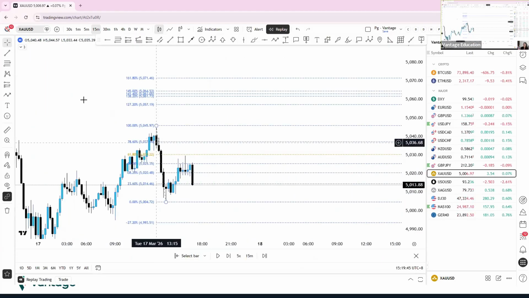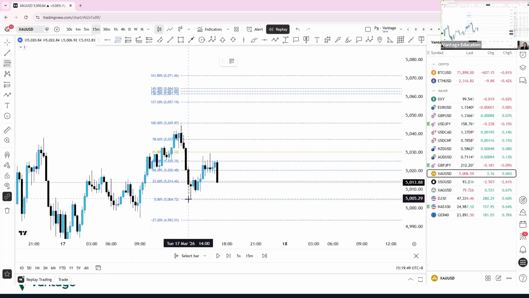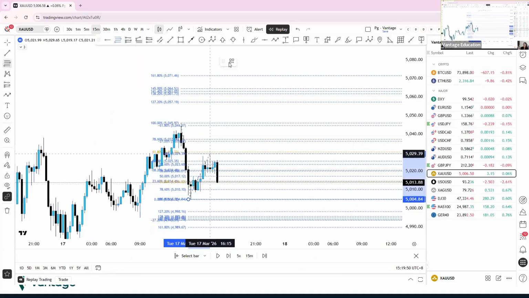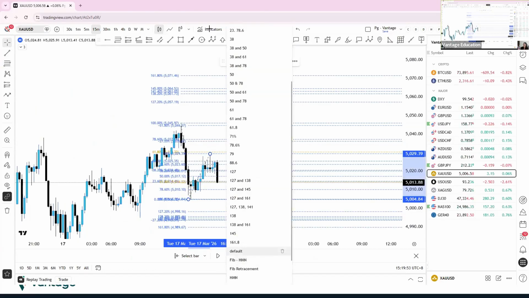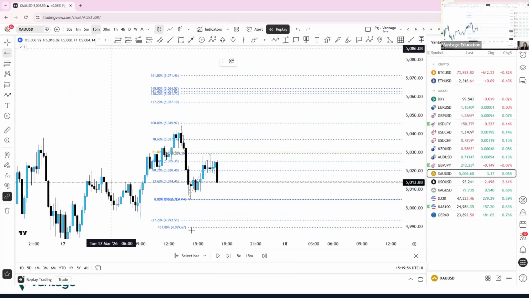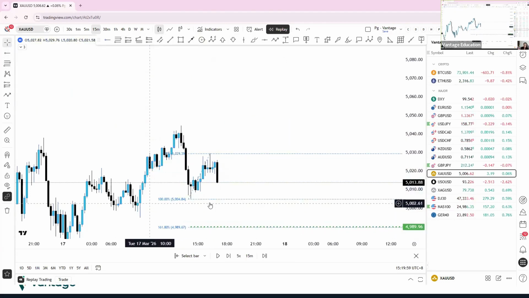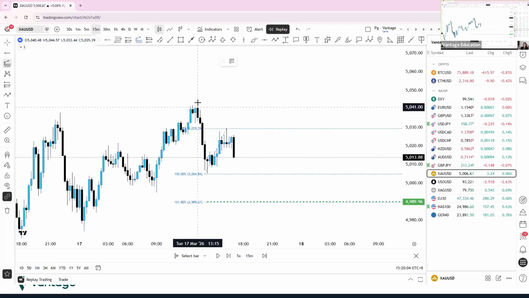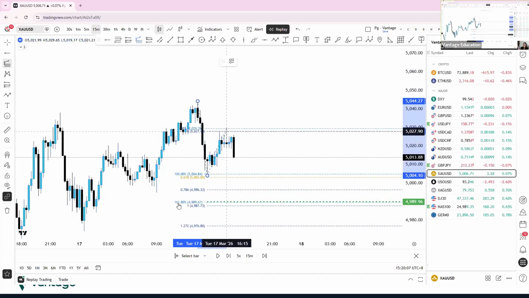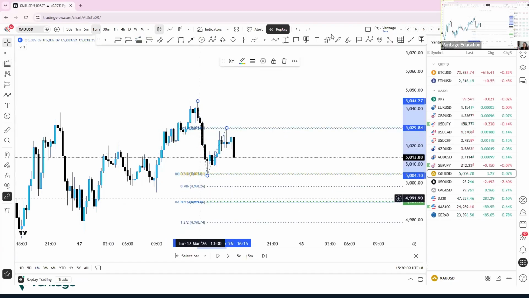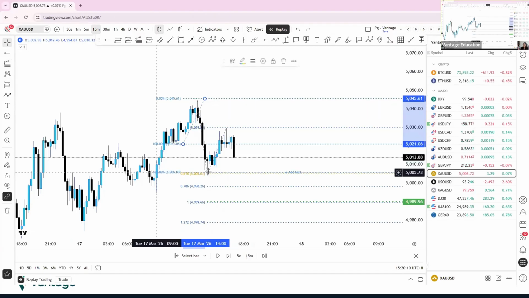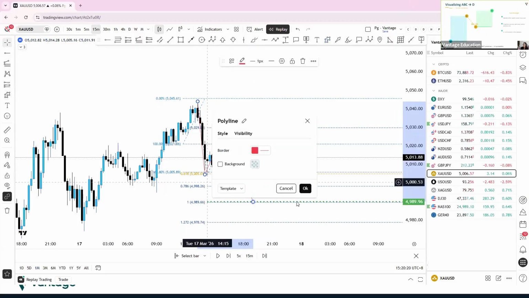We have A, B, and C. So one is the AB extension, which we project at 161.8, so D is going to be somewhere around here. Or the 100% projection, A, B, C, and then you get D. Here is 100%, here. Also a 100% projection.